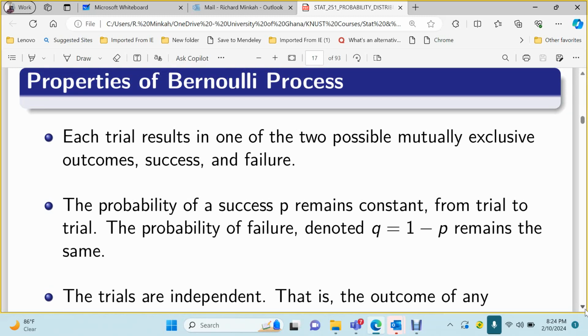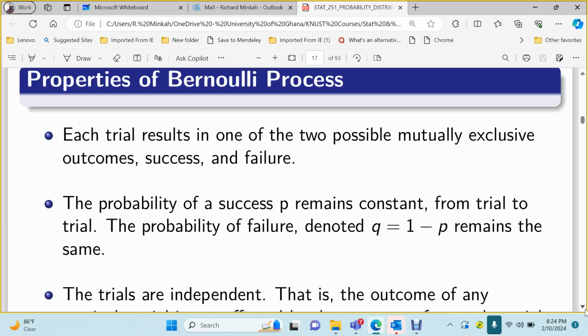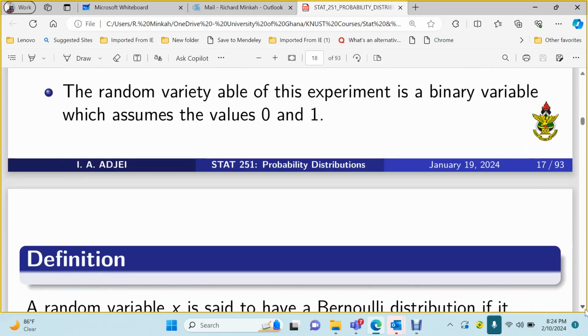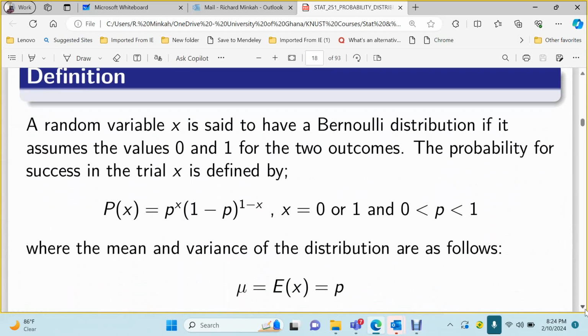If you have a distribution like that, we call it a Bernoulli, and this is how you write a Bernoulli. It is not difficult to get it. I can rewrite it for you to see how that is done.